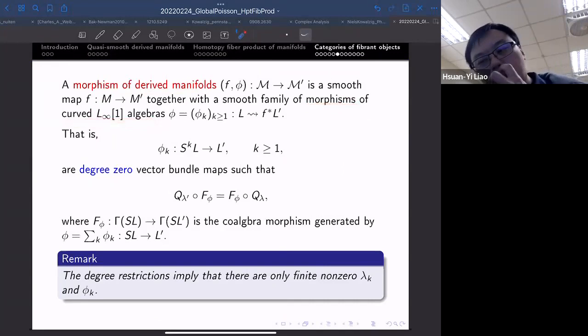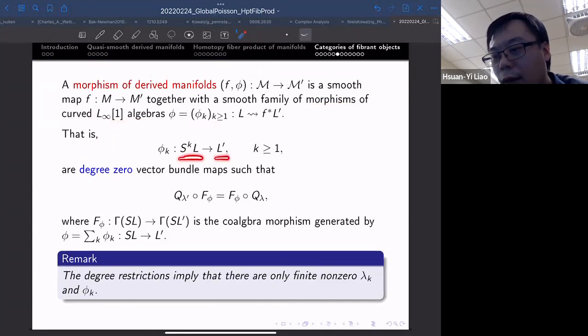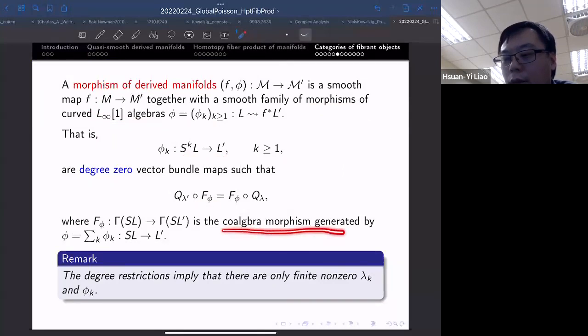So that means it is a sequence of maps from S^k L to L prime. And together it generates a co-algebra morphism between these symmetric coalgebras. And the morphism axiom says it commutes with the L-infinity structures.